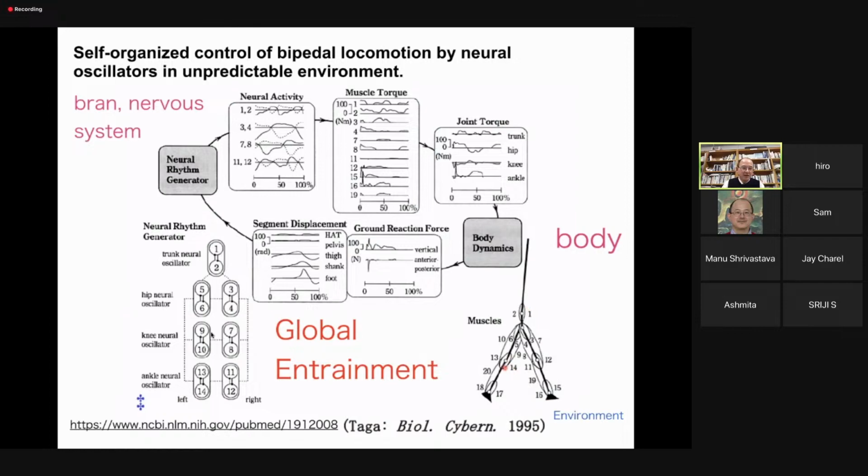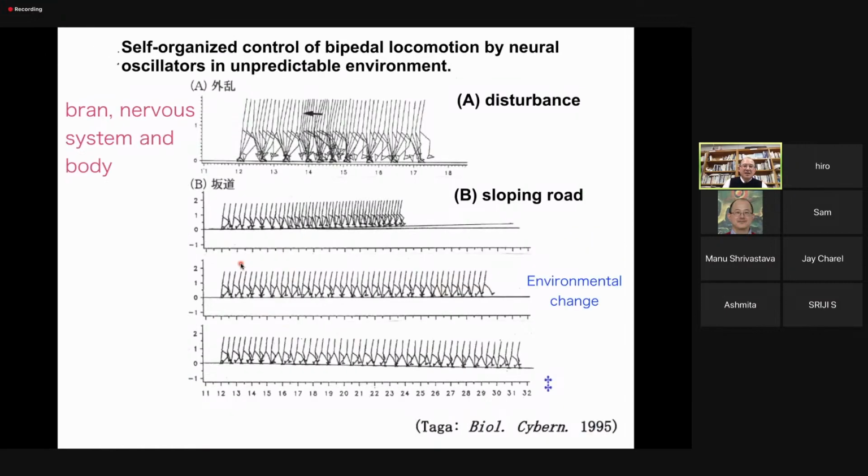The neural rhythm generator is like a metronome. Many rhythm generators are connected together to control individual joint motion. He demonstrated it works well.